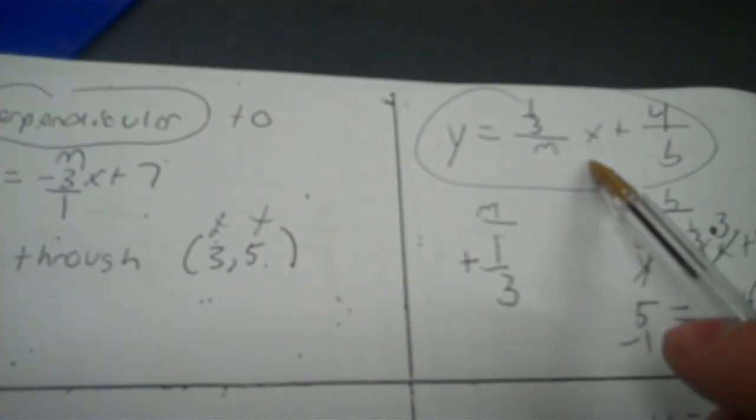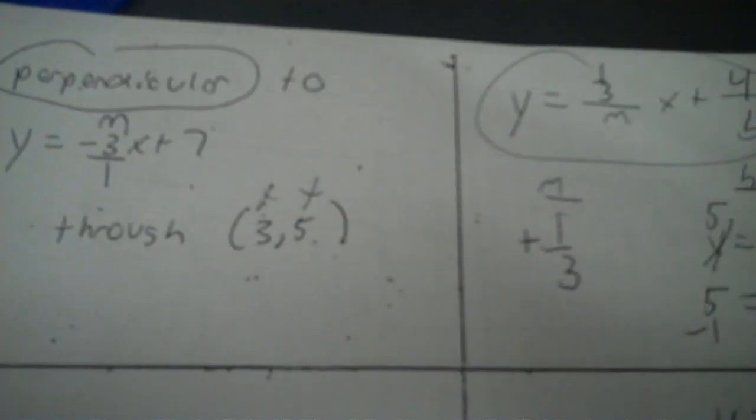Okay, 1/3 times 3 is going to be 1. And then get your 1 to a 0 by subtracting 1. So 4 equals 1b. You don't need to divide by 1. 4 is equal to b. Okay, and if I graph that line and I graph that line, they're going to be perpendicular. They will form a 90-degree angle where they intersect.